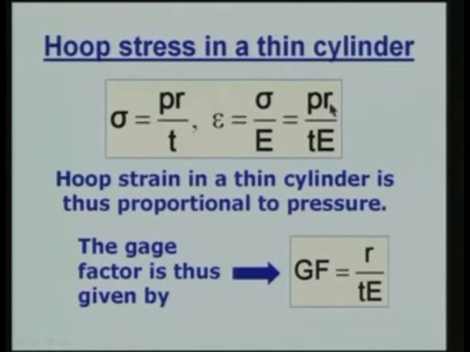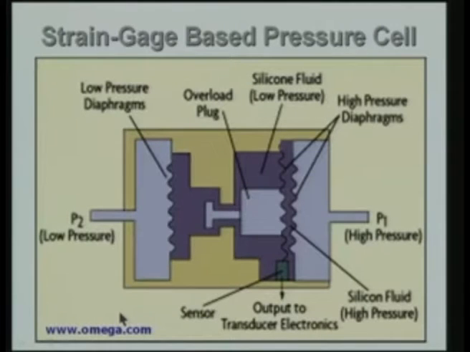So, I can say that this R by TE is the gauge factor, I call it GF. The gauge factor is simply given by the radius of the tube divided by the thickness of the cylinder times the Young's modulus. So, this is basically the way we are going to use the instrument to measure the pressure.